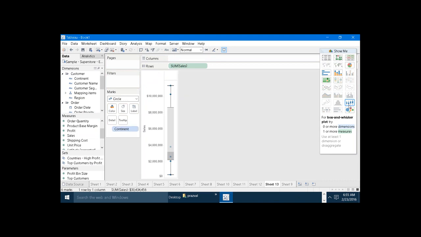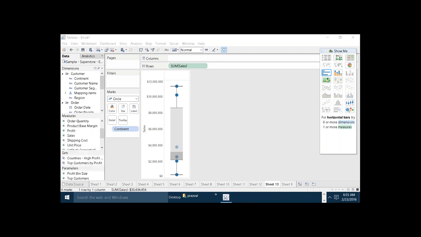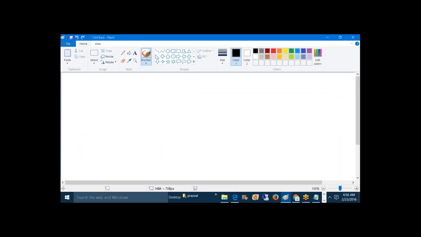Here Tableau is showing us the box and whisker plot. How can we understand this? Let me explain it with some sample data.